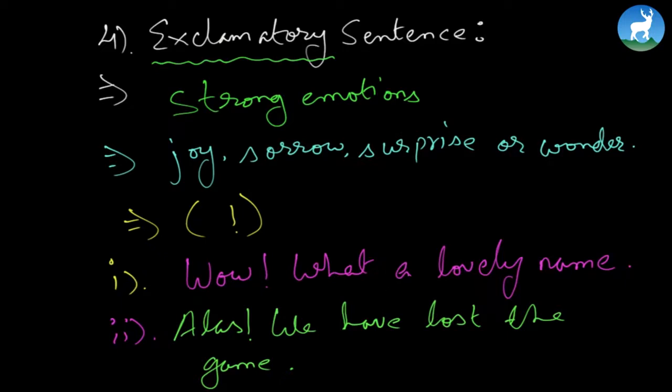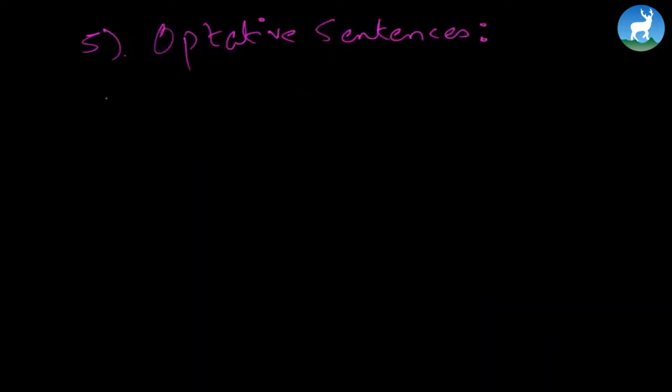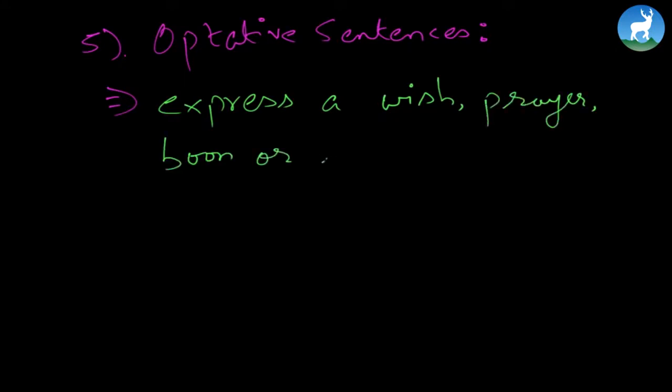The final one is what we call an optative sentence. That's number 5. So what is an optative sentence then? When you deal with optative sentences, they are sentences which express a wish, prayer, boon, or a curse.